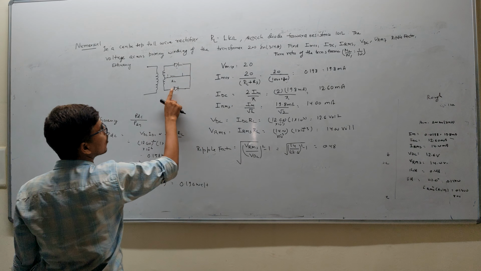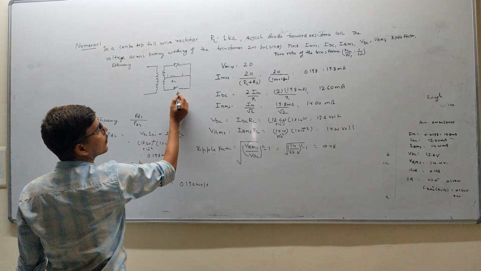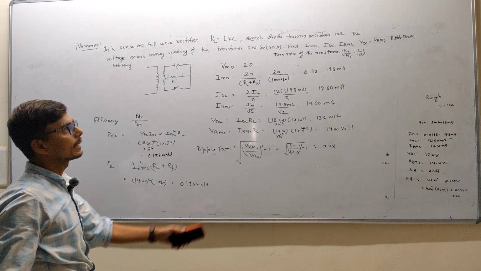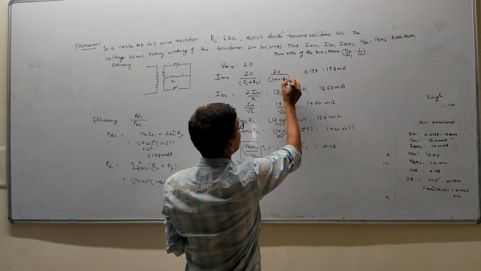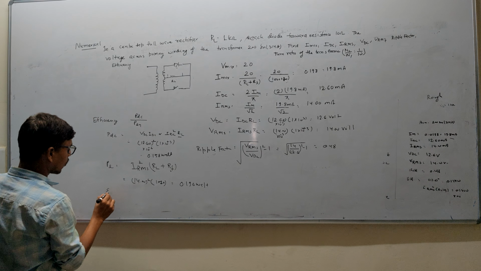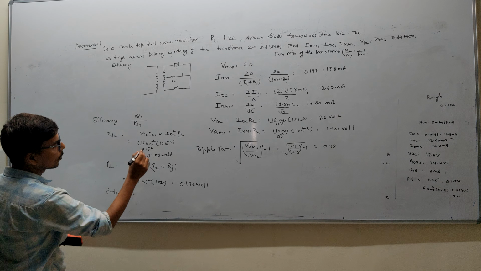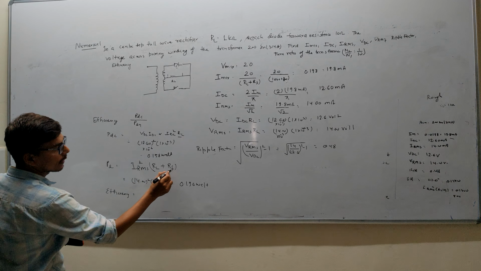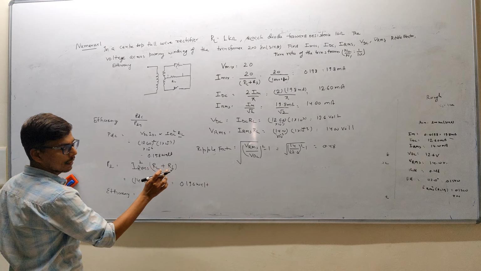All the calculation I have done keeping 10 as RF. So efficiency is PDC output upon total power input, including the power consumption in the diode also.